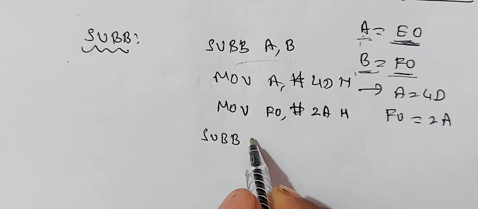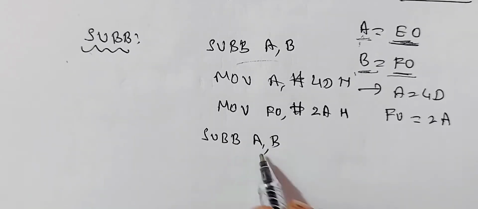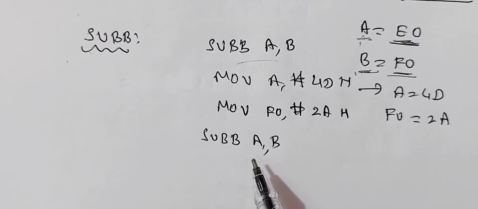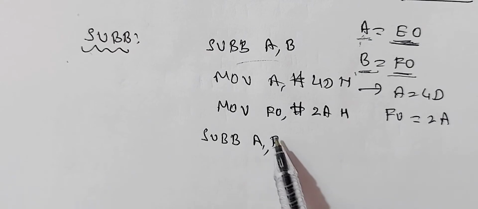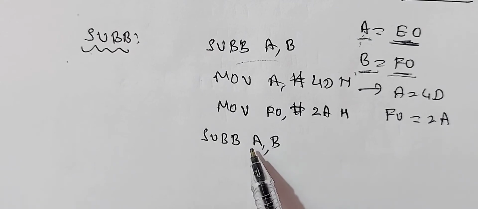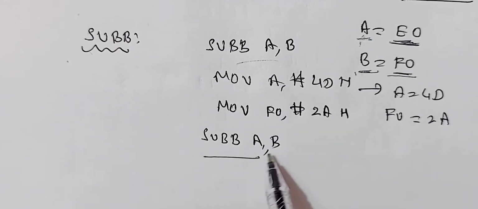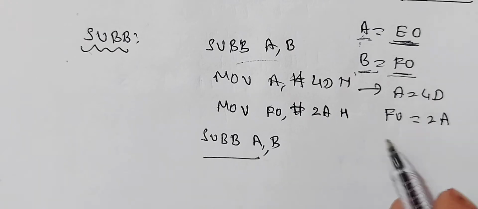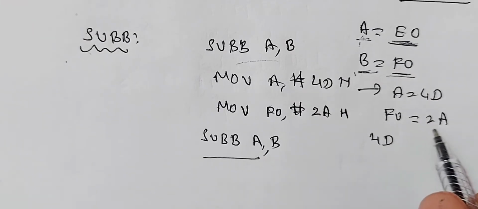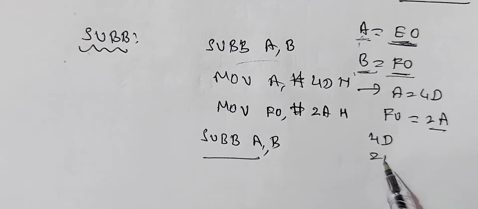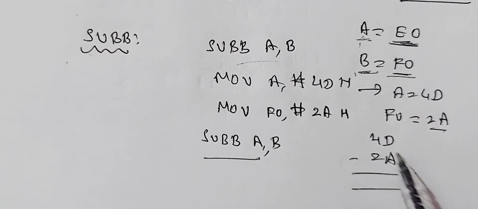SUBB A comma B. That is subtract the contents of B from the content of A. This instruction says that subtract the content of B from the content of A. What is the content of A? 4D. What is the content of B? 2A. You subtract it.